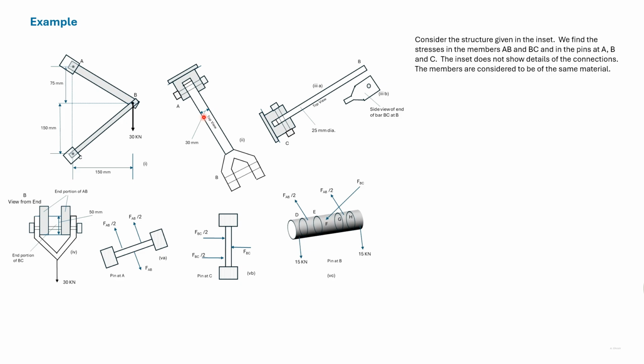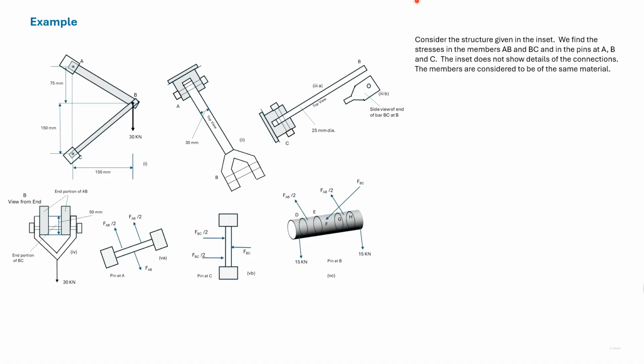So the top plan view is 30 millimeter. For connection purposes, the bar forks out at B, to be here, and these forks are 20 millimeter by 50 millimeter.